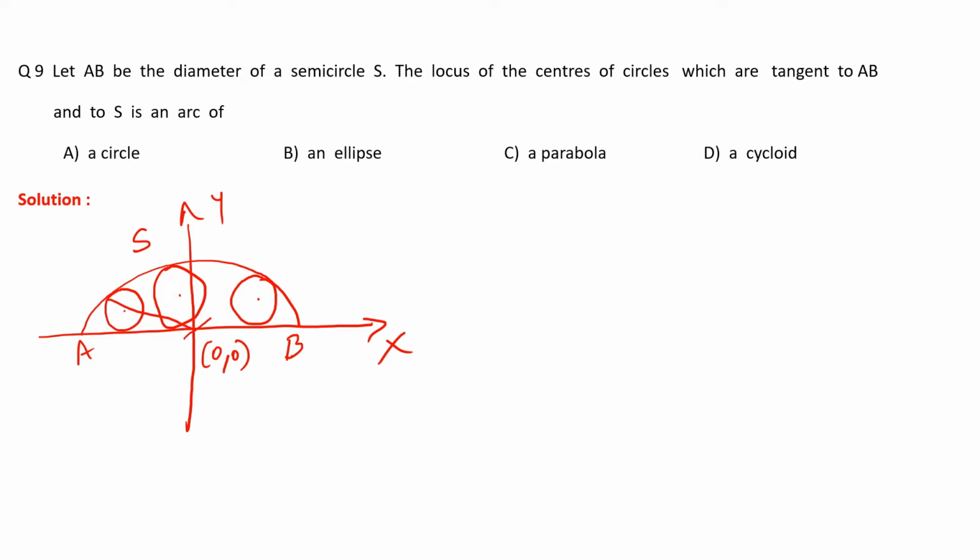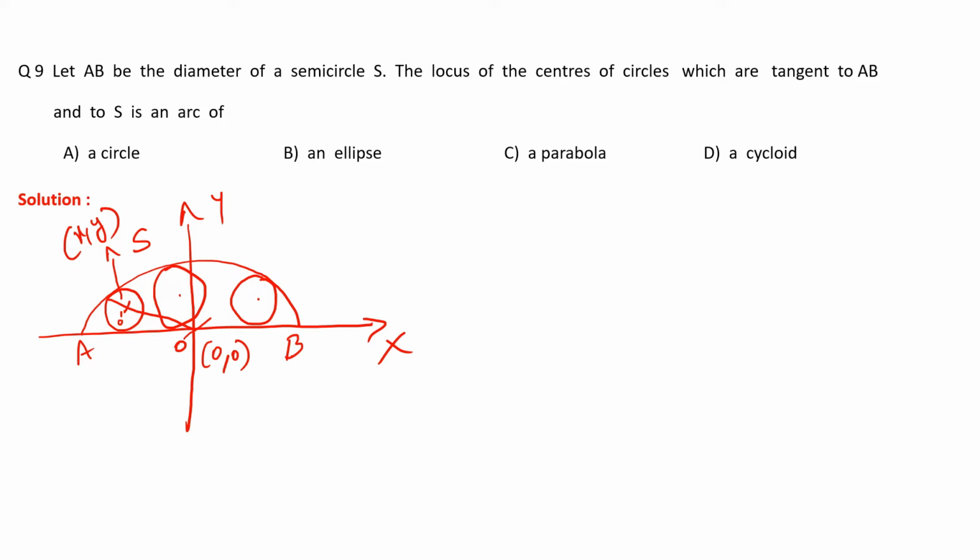I am joining the center O of the semicircle with the center O dash of this particular circle. Let us assume that the coordinates of the center of this circle as x comma y. Fine.